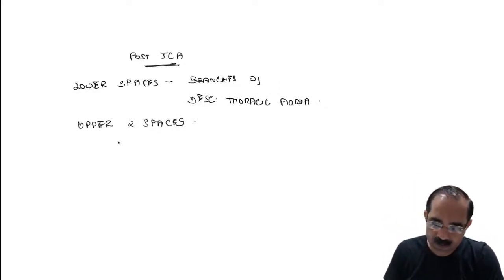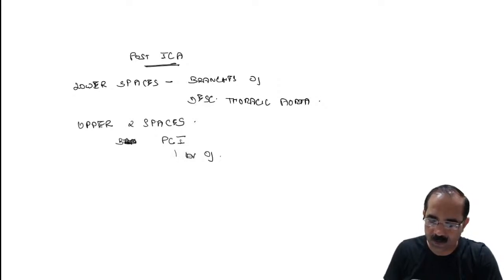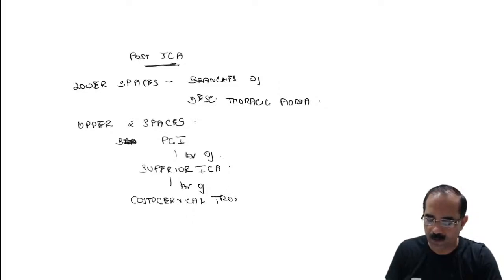In the upper two spaces, I'll write it like this: posterior intercostal arteries are branches of superior intercostal artery, which is a branch of costocervical trunk, which is a branch of second part of subclavian artery.